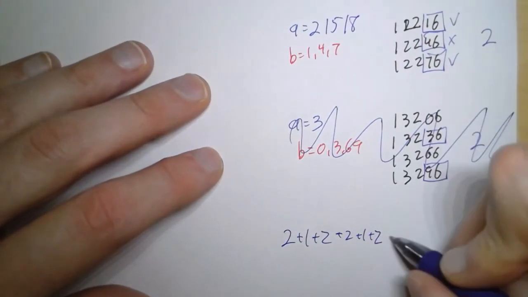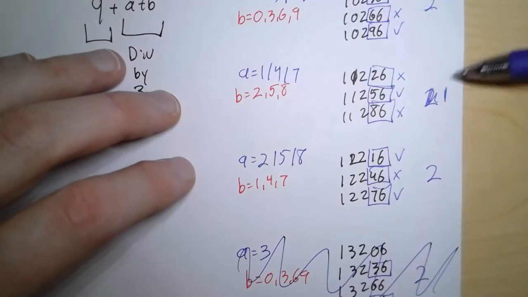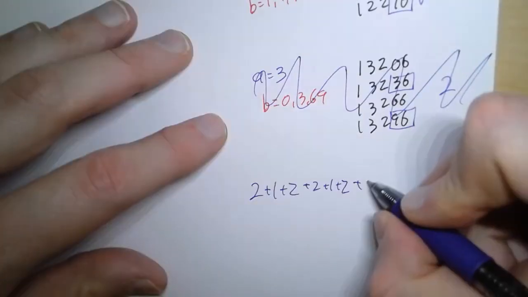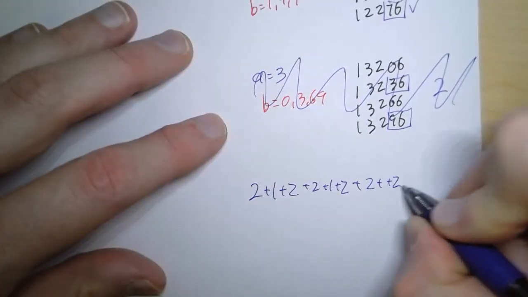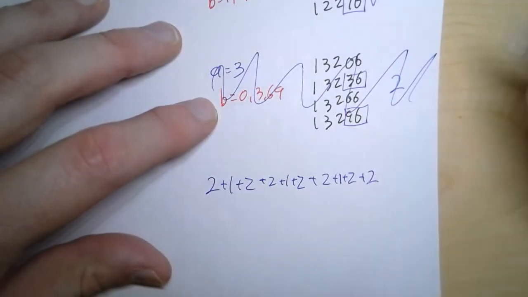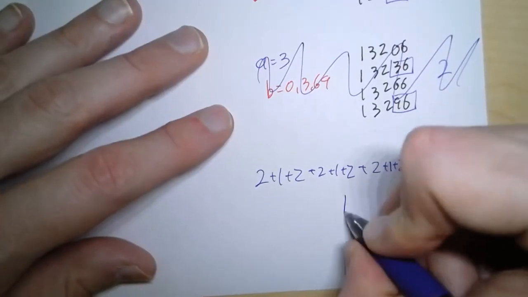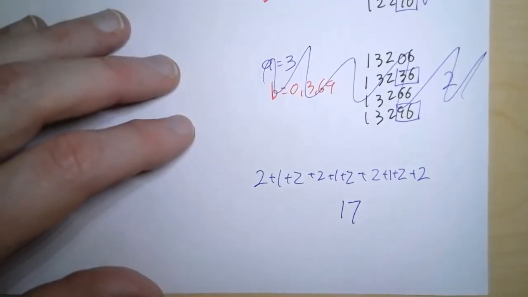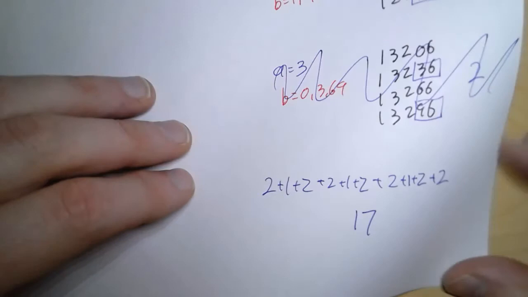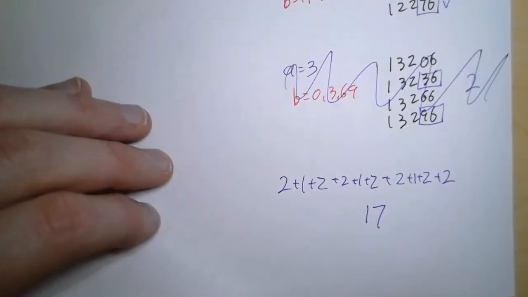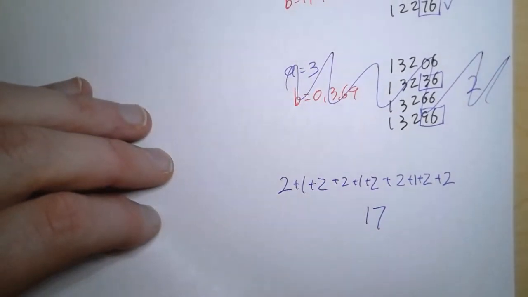And then for one more cycle, for 6, 7, and 8, 2 plus 1 plus 2. And then, not a whole cycle, but we add 9, so we add 2 more to that. And when we do that, we get 17. So there are 17 numbers that are evenly divisible by 12. So there's our answer, and we're done.